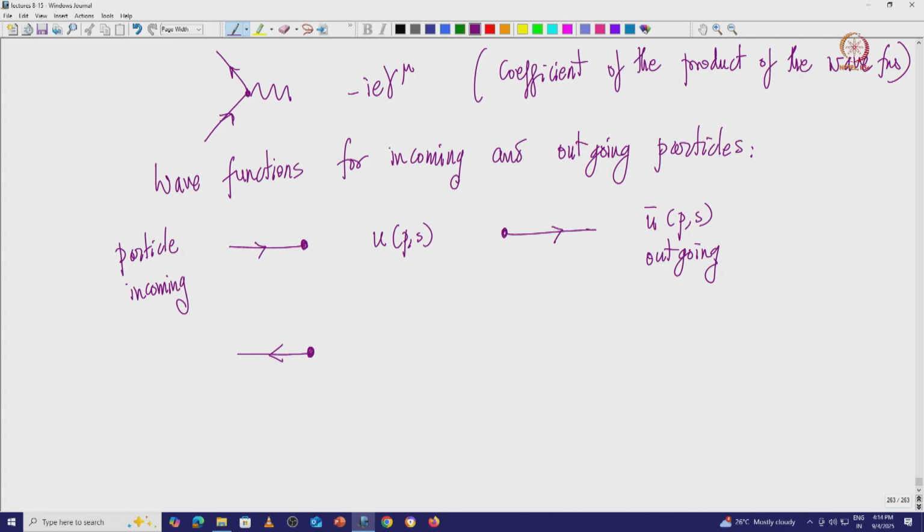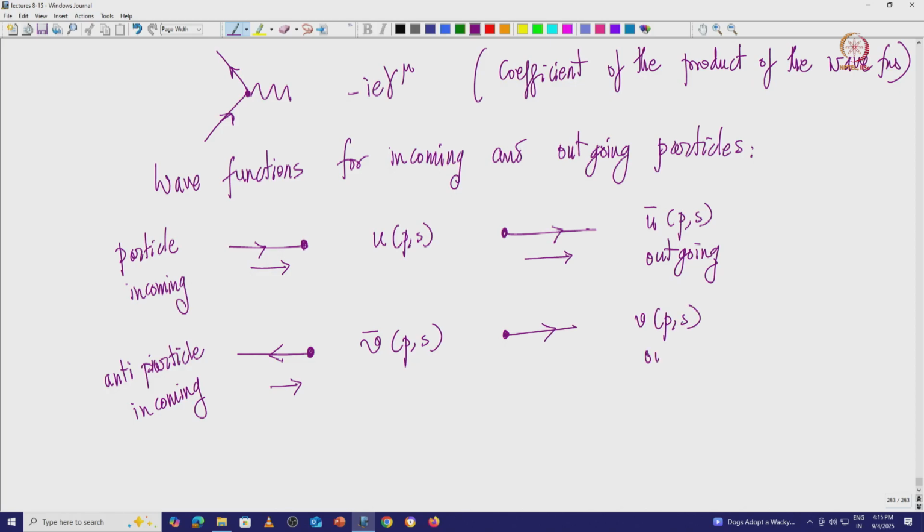An incoming antiparticle is v bar of p, s. An outgoing antiparticle is v of p, s. Remember, for the antiparticle the sign is always opposite in direction to the particle.